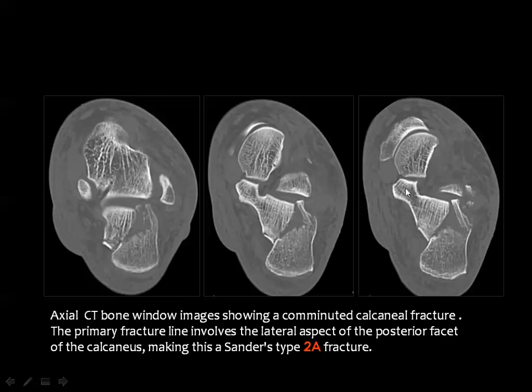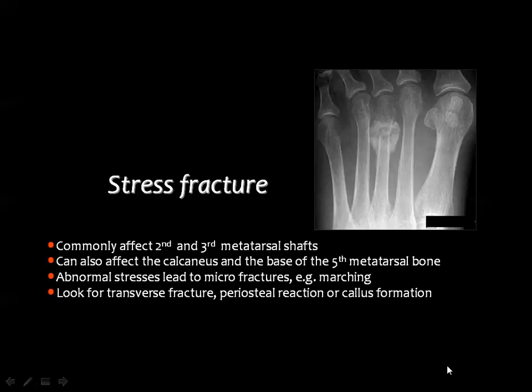You know that this is the sustentaculum tali, and it points medially, and this is the lateral surface of the calcaneus, and this is the central part, and this is the medial surface of the calcaneus.